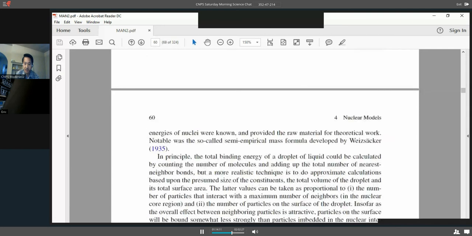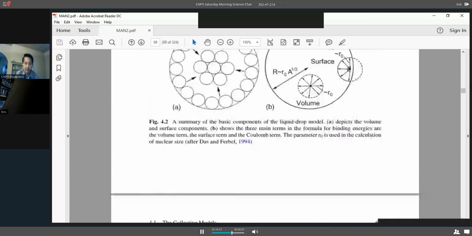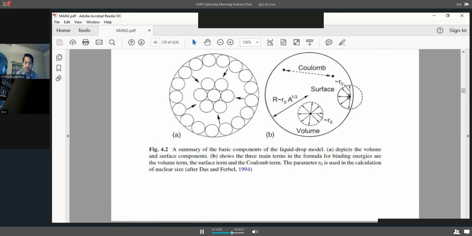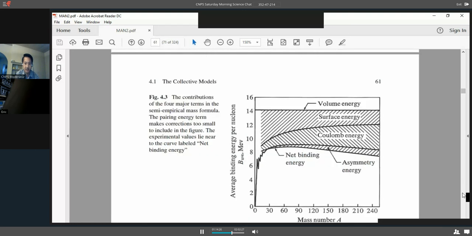Okay, now, oops, let's see here. There was a picture of the liquid drop model over there, where everything is just kind of like there's a surface, there's a volume.